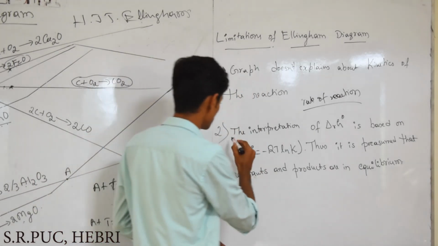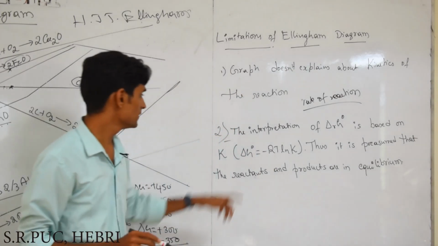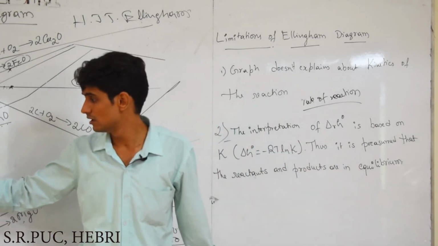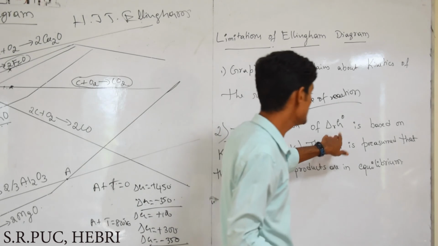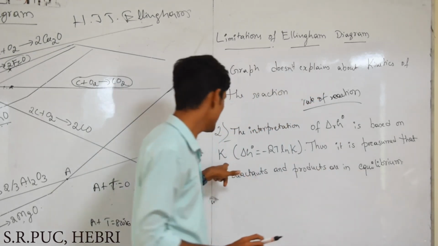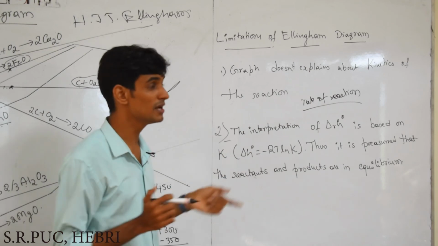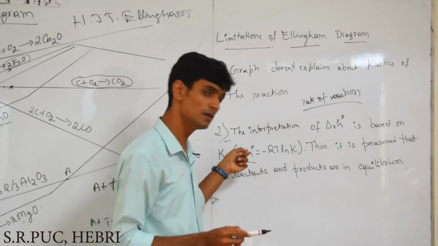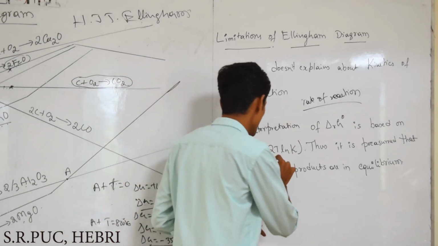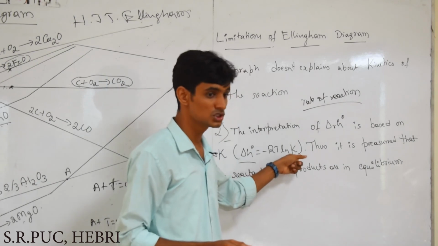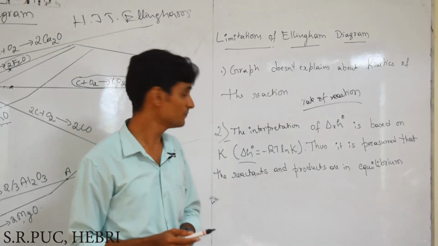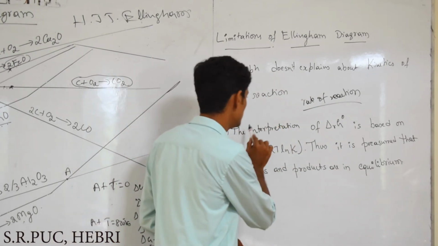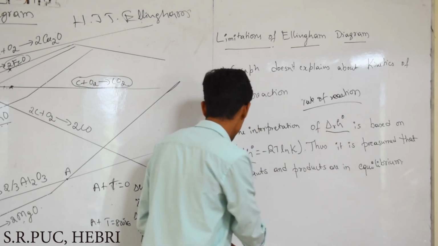One more limitation is that the interpretation of this delta G value, the change in Gibbs energy value, is based on K. What is K? It is the equilibrium constant. We know that the standard Gibbs free energy change delta G naught equals minus RT ln K. So this delta G value is purely based on the equilibrium constant value.